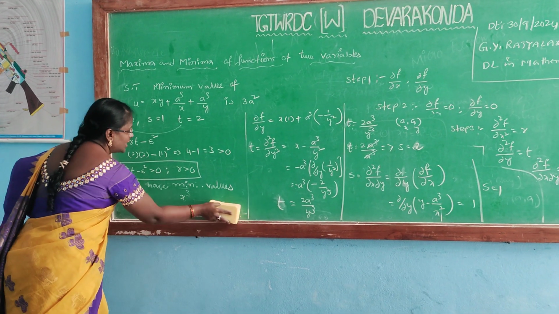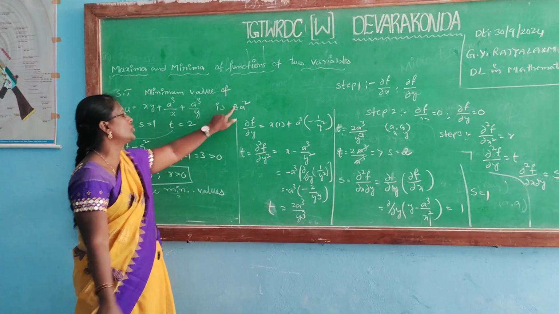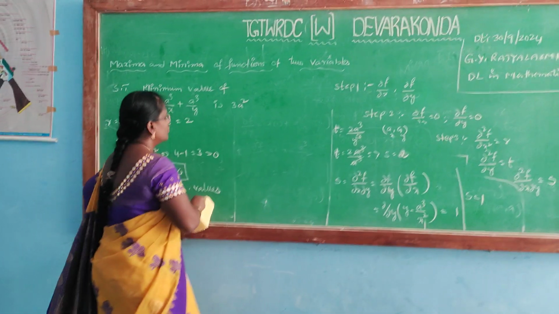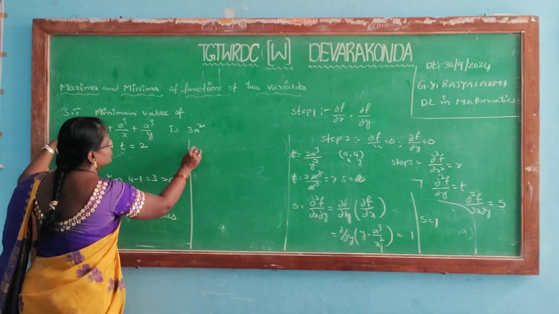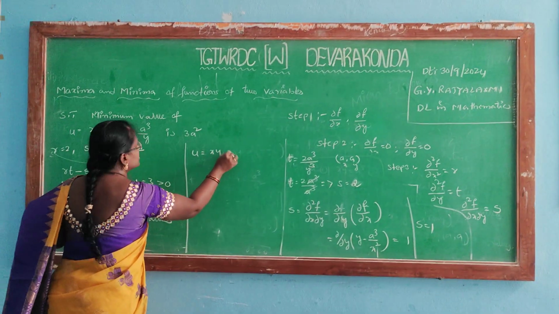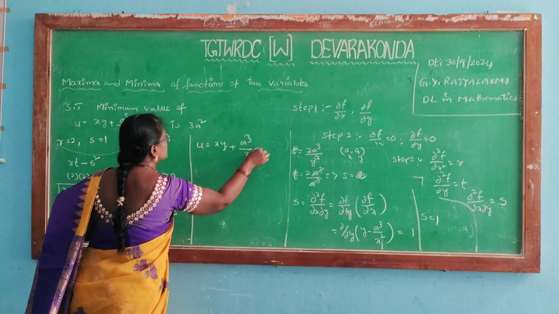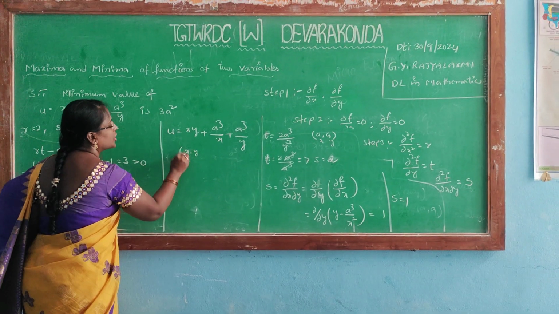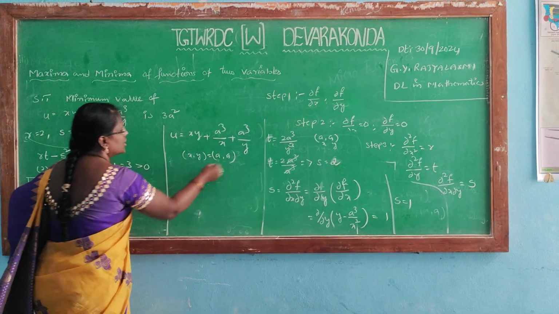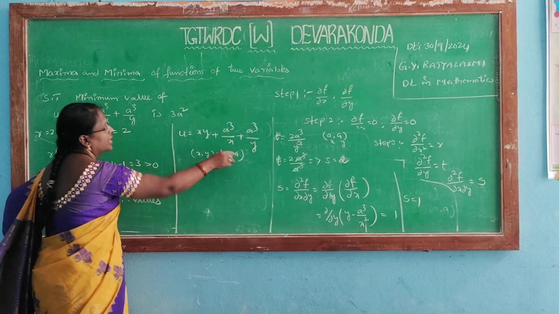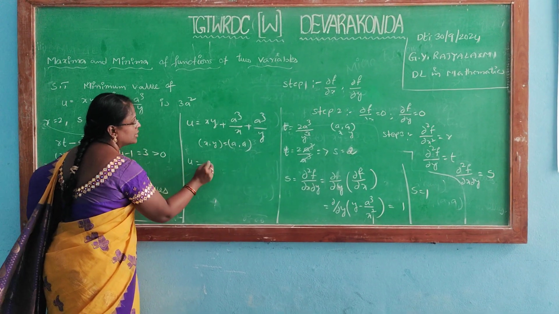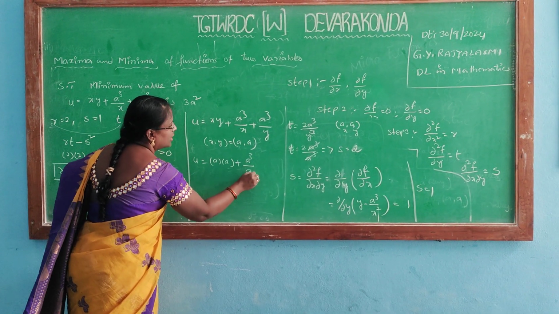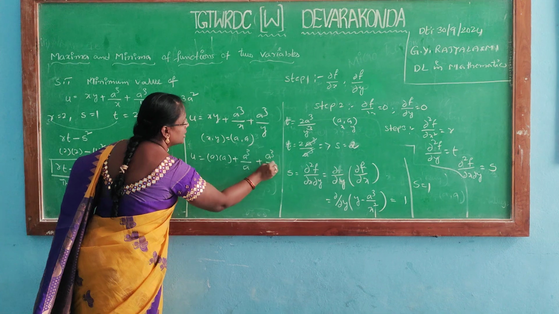And now finally we have to check the function value. So first, u equals xy plus a³/x plus a³/y. The point is x comma y equal to a comma a. Substituting a instead of x and y, u equals a into a plus a³ by a plus a³ by a.